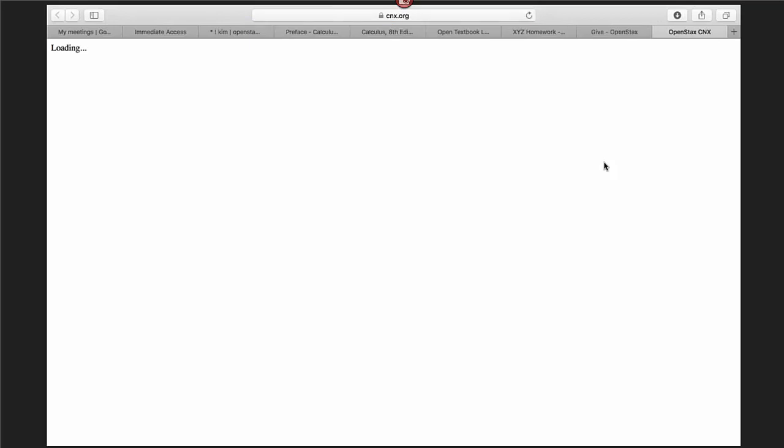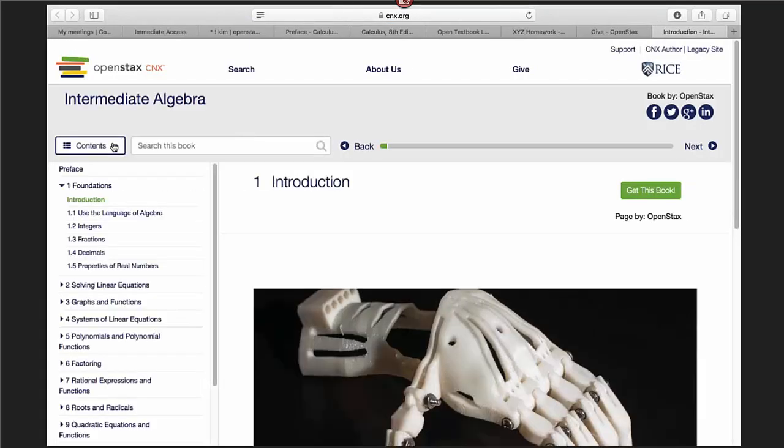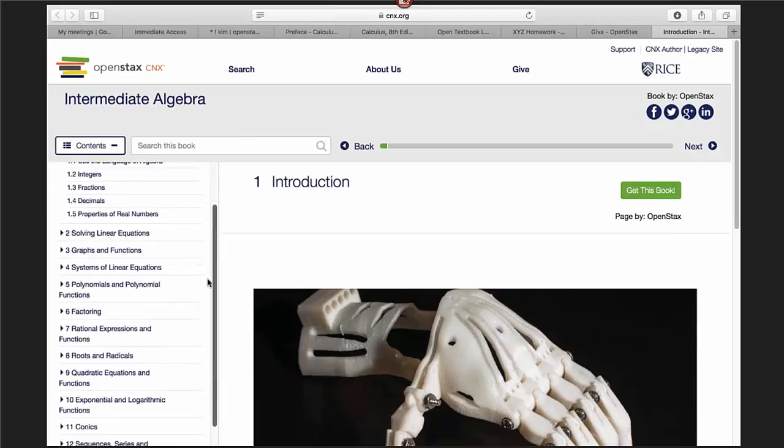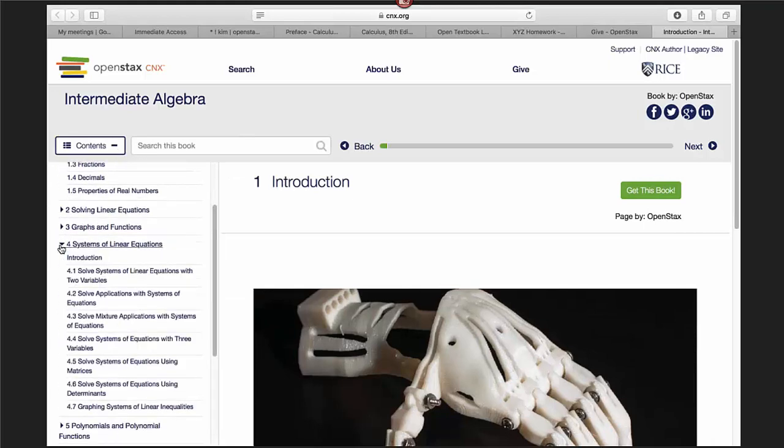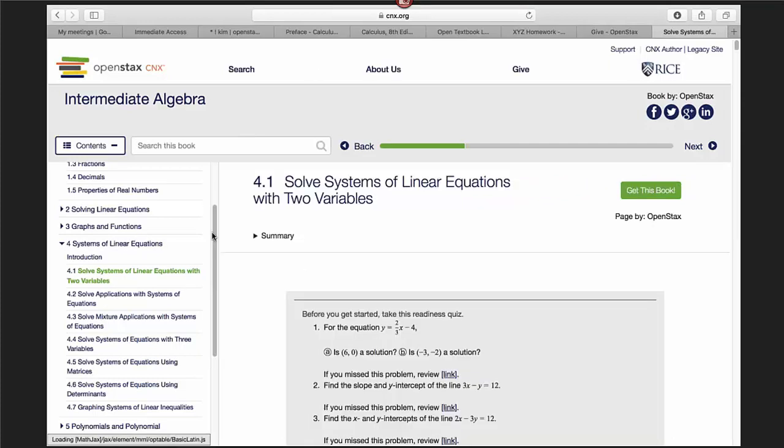I'll just show the book. I don't know if everybody else has gotten a chance to see it at any point. So again, this would be the online version that I'm showing now. I have a lot going on in my system, so it's taking a second to come up.